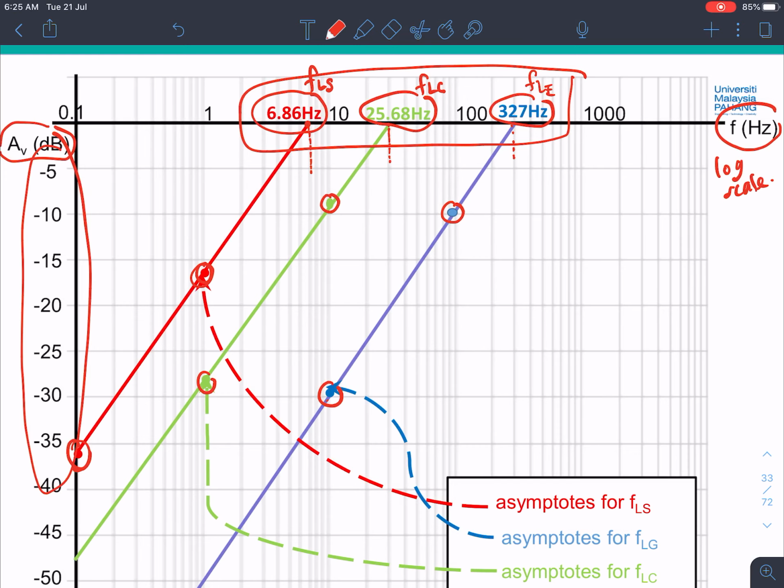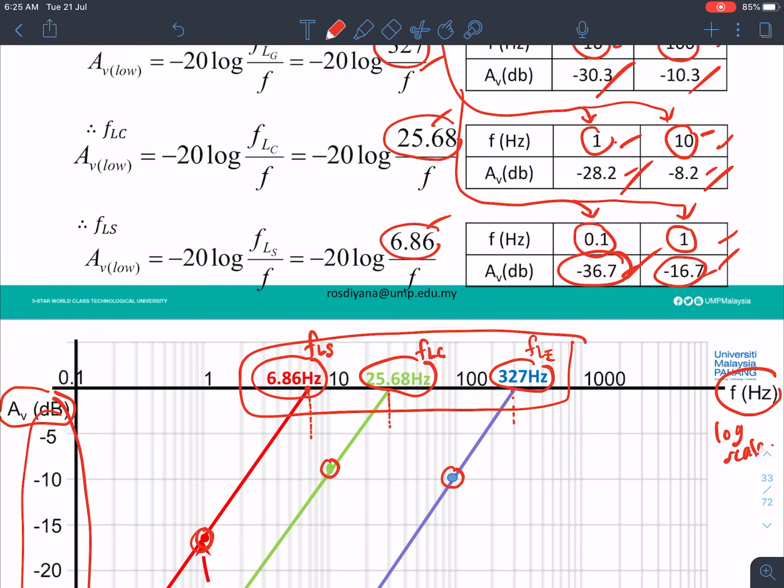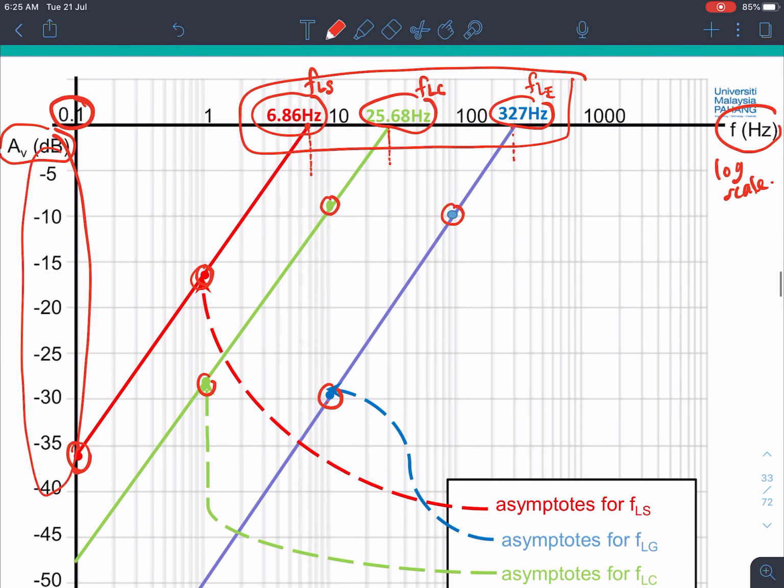That means you plot this value. For example, at 0.1 hertz here, I get negative 36.7.